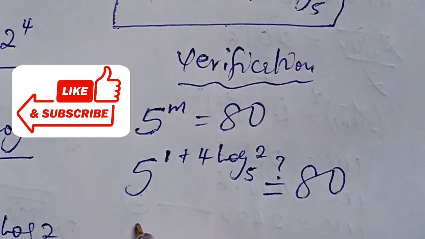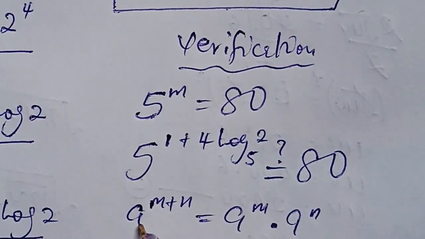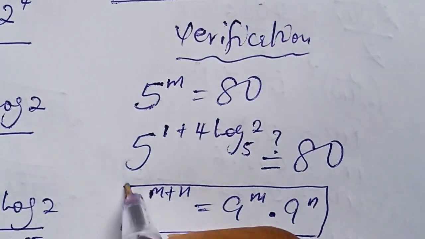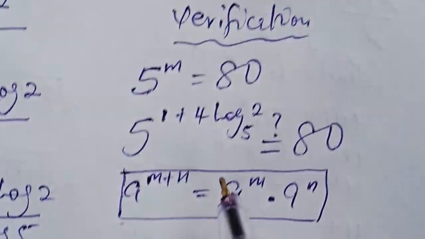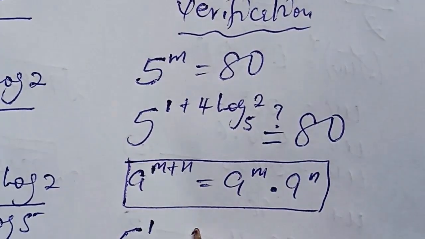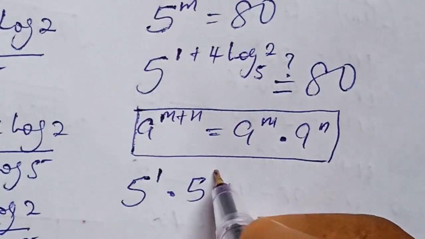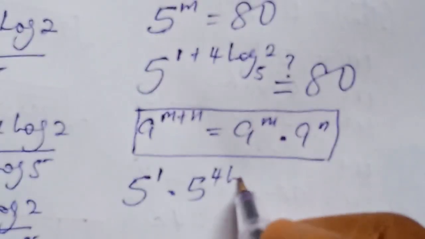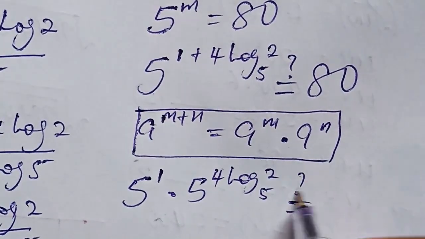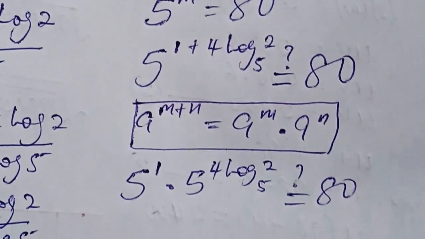Now here, if we consider this identity, base a power m plus n equal to base a power m multiplied by base a power n, we can use it to express this as 5 to the power of 1 multiplied by 5 to the power of 4 log of 2 base 5.